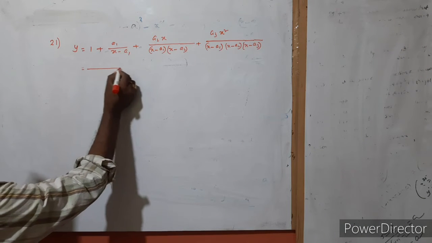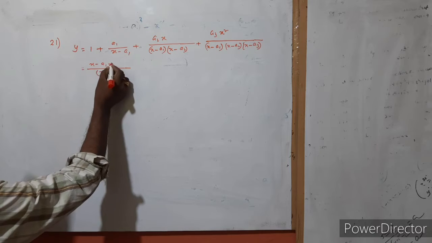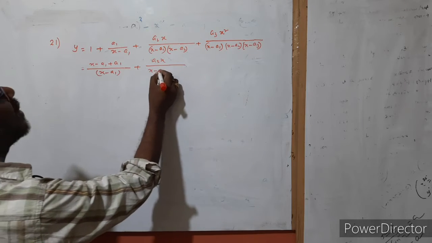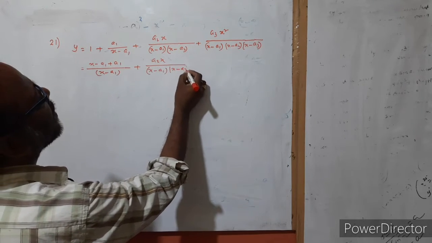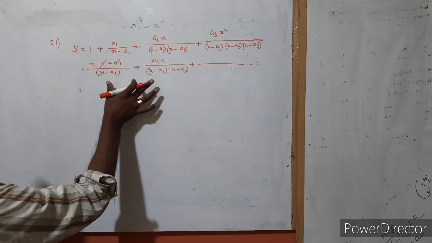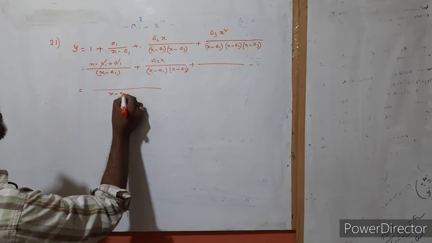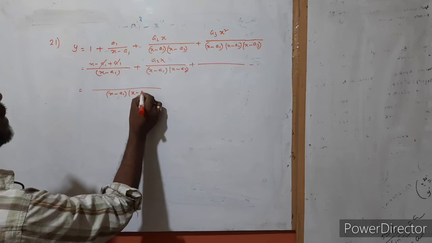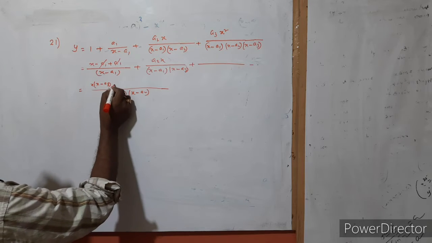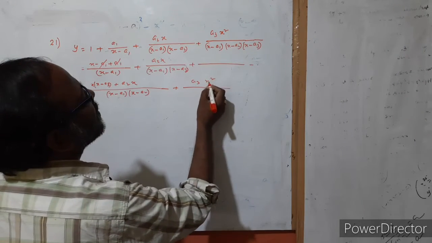First simplify. See the technique here for simplification is that these are cancelled, so take an LCM of these two parts, that is x minus a1 and x minus a2, and multiply by x into x minus a3 plus a2 into x plus a3 x square.